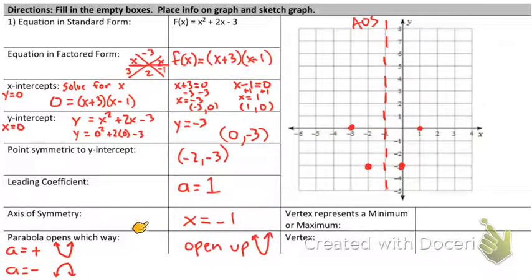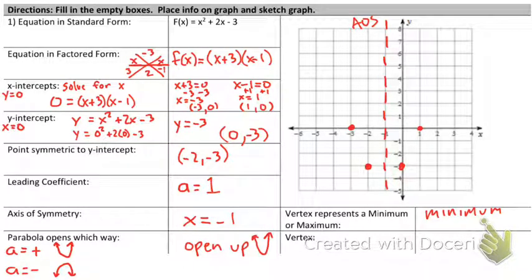When your parabola opens down, your vertex will be a maximum point because it's at the top of the mountain. In our case, it opens up, which means our vertex, where the two sides of the parabola come together, is going to be at the bottom of the valley. So our vertex will be a minimum point.